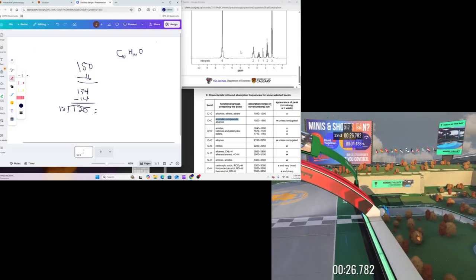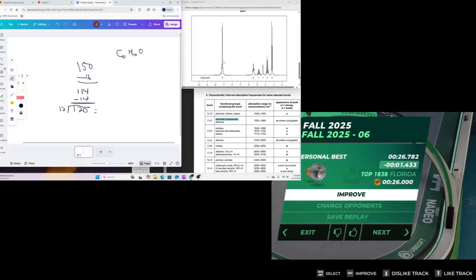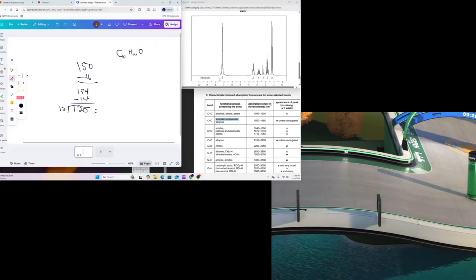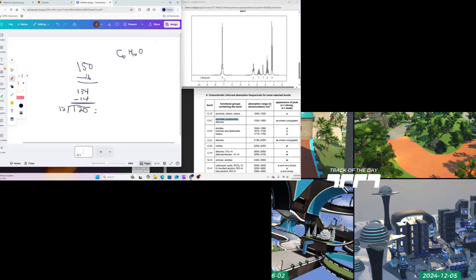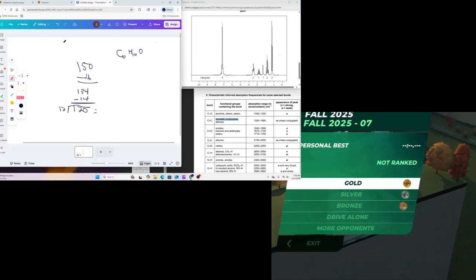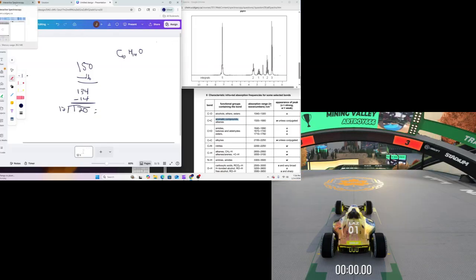Okay. Now, I'm also going to note that I have 5 of them that are all the same. Okay, now typically what happens when you have 5 all the same, that's going to indicate that all of them are in the same kind of distance away from your main molecule.